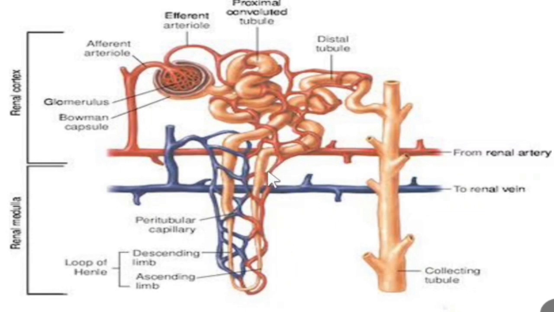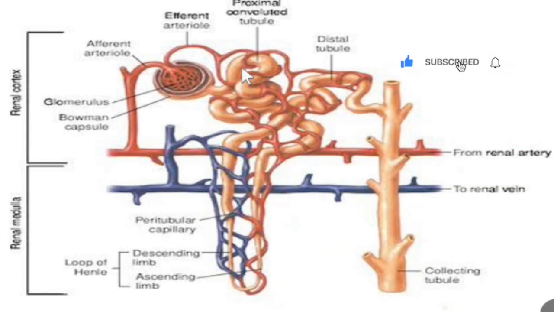And this loop of Henle is lying in the renal medulla portion. Okay, and when it leaves this renal medulla, it gets coiled again and forms the distal convoluted tubule. And many distal convoluted tubules drain the urine to the collecting tubule or the collecting duct.